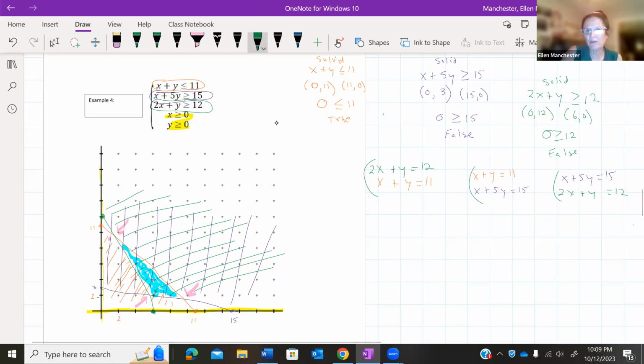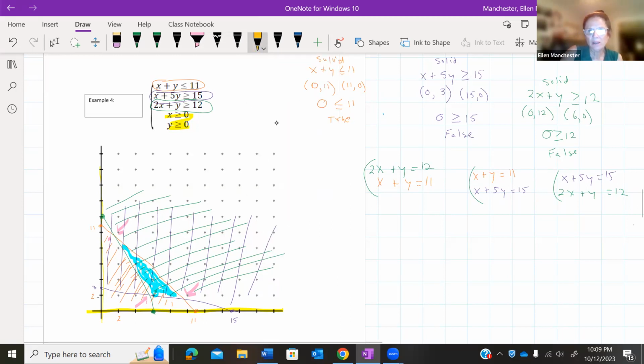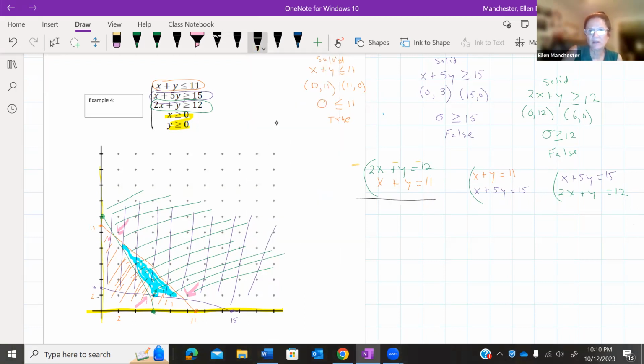This first set, I'm going to get rid of the y's. So I am going to multiply by a -1 through the top. Okay, so now I can solve. The y's go away. I end up with -2x plus x is -x equals -1. So x equals +1.